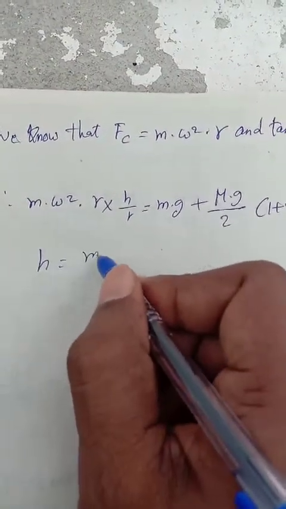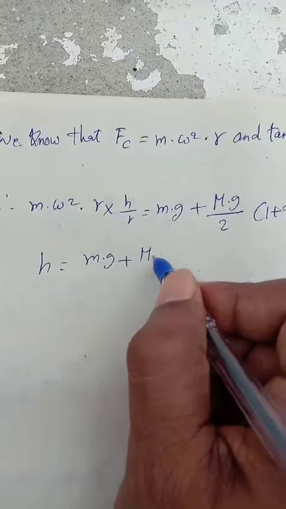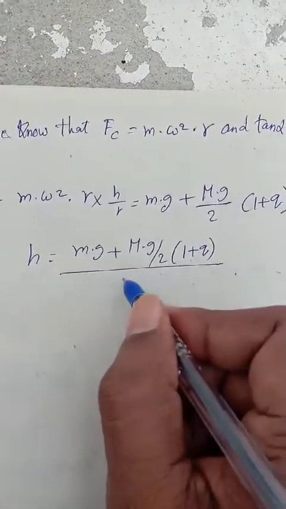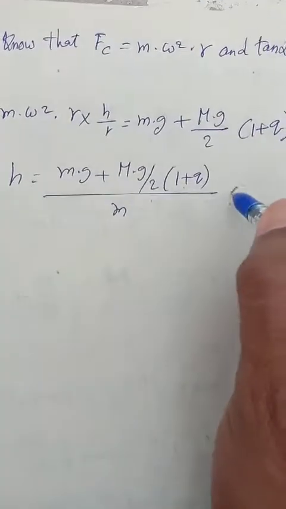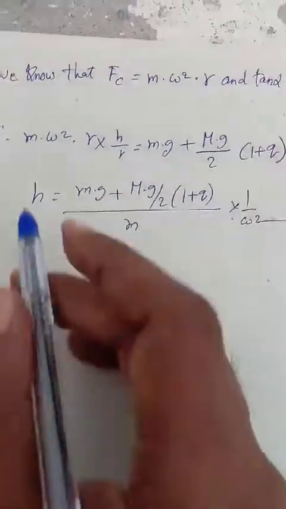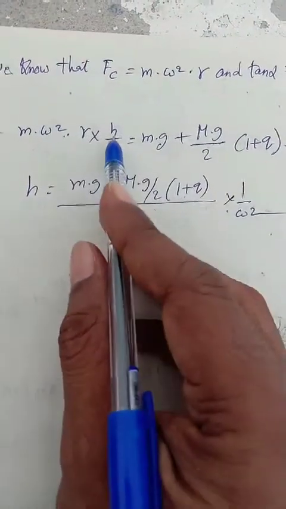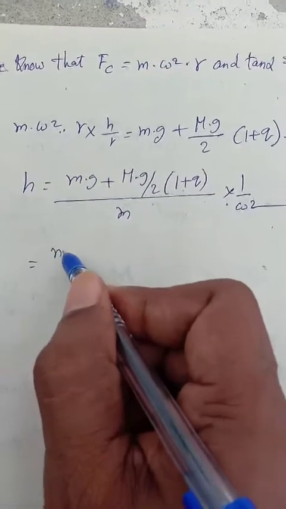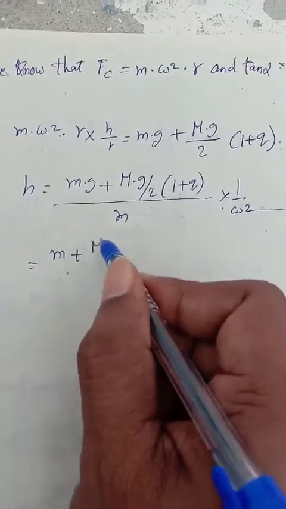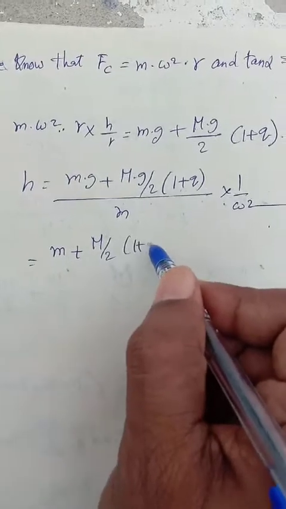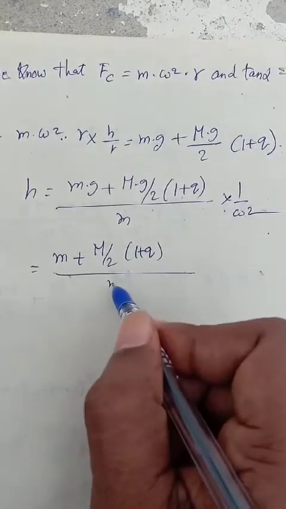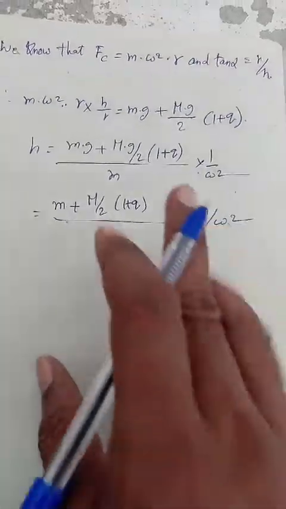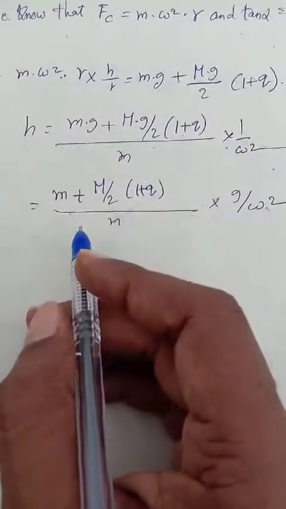So h is equal to m into g plus capital M into g by 2 into 1 plus q, divided by m, into 1 by omega square. So this omega square comes here, we need only h. Then you can write this equation as m plus capital M by 2 into 1 plus q divided by m, into g by omega square.